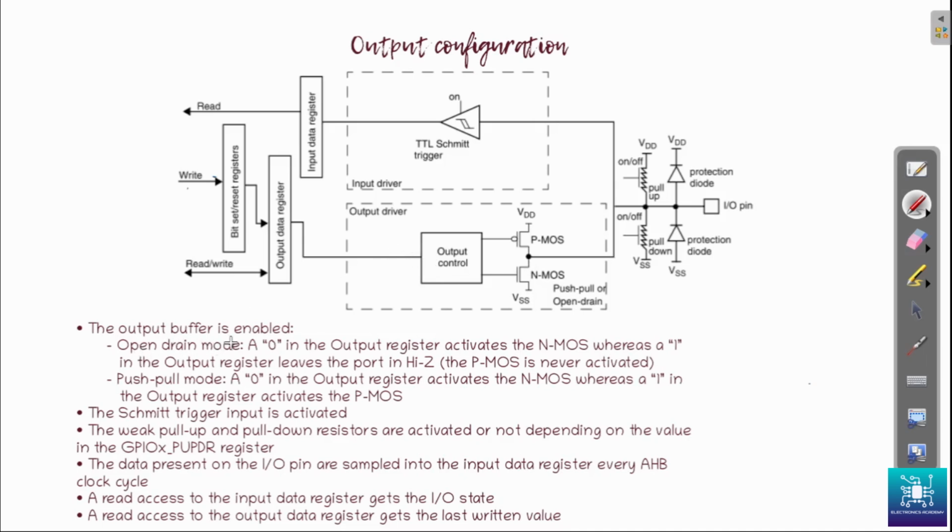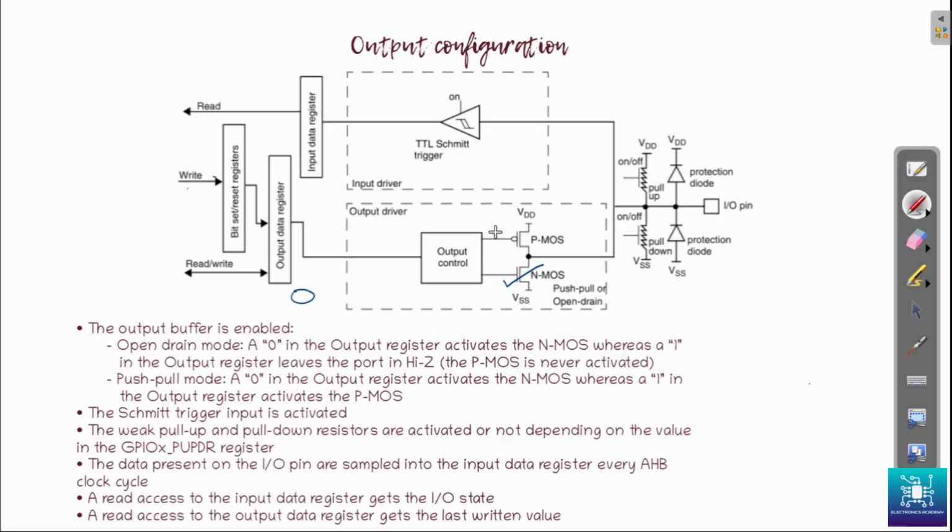So in the open drain mode, if we have a 0 in the output control register or output register, it activates the NMOS. Okay, and then we know that in the open drain, it's just shorted to the ground, and leaves the port in the high impedance because the PMOS is never activated.